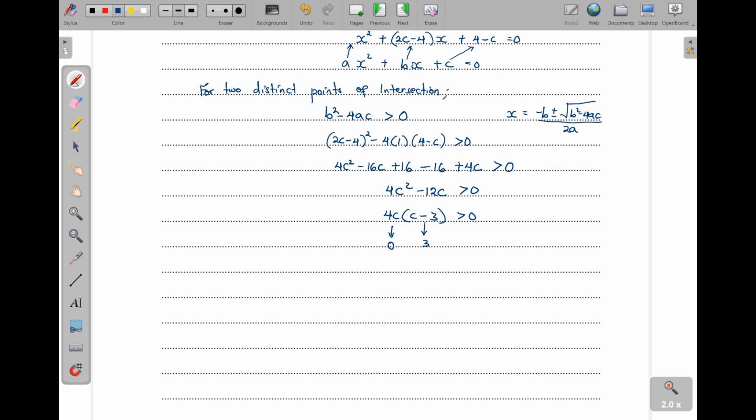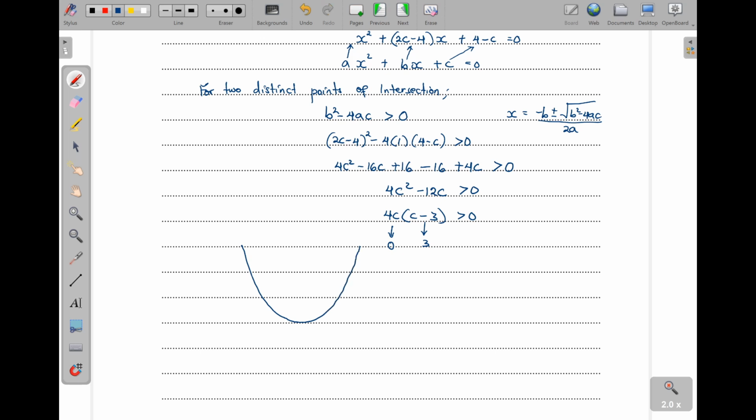Now, we are supposed to look at the regions less than 0, in between 0 and 3, and then above 3. Due to the fact that the coefficient of c squared here is positive and this is quadratic, we are having a U-shaped curve.